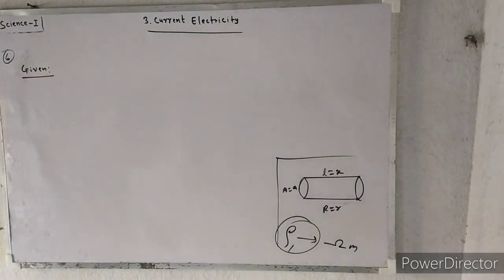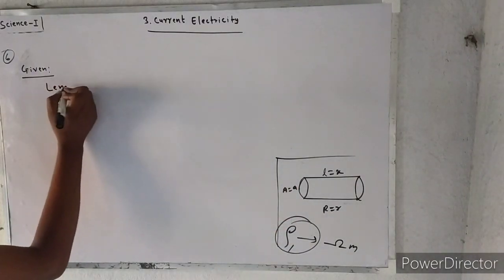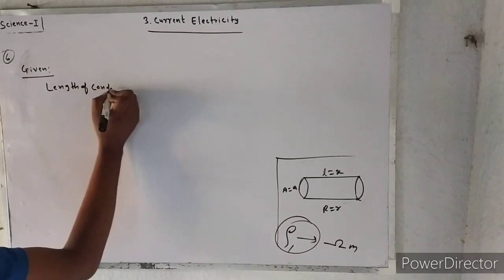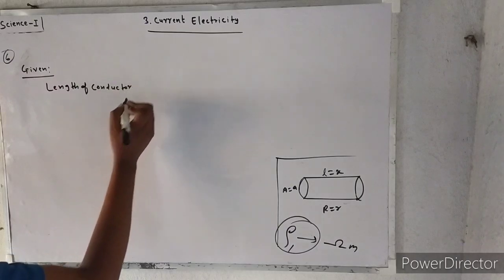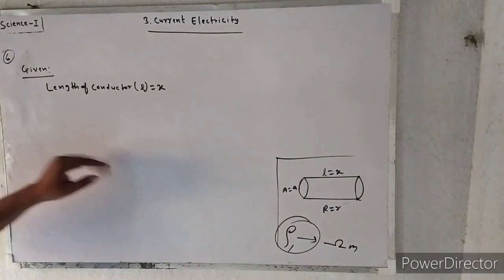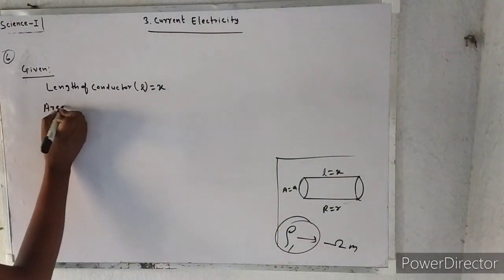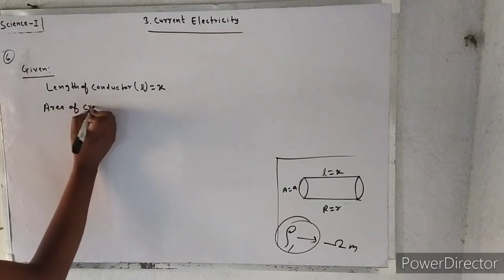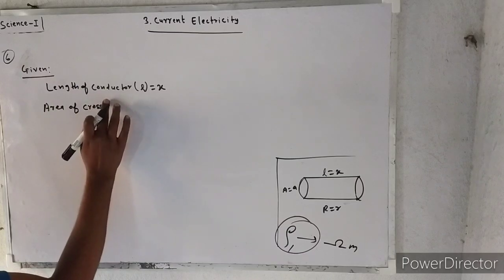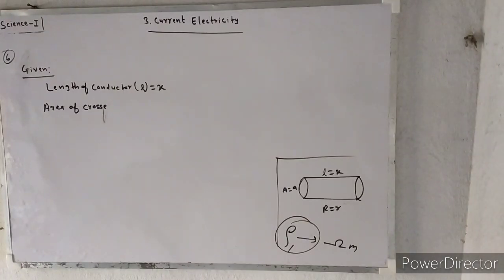Given: length of conductor L is equal to x.